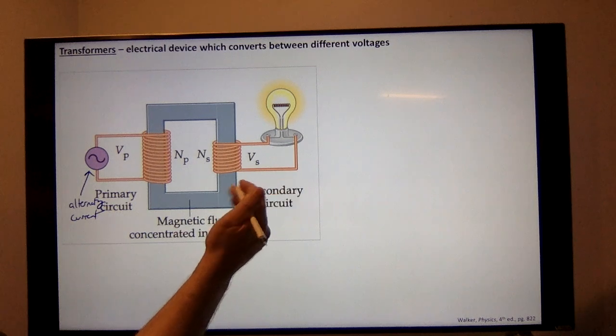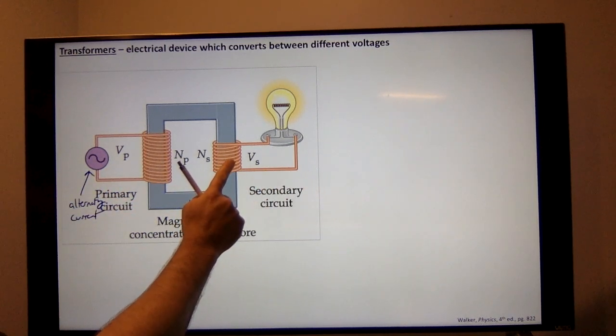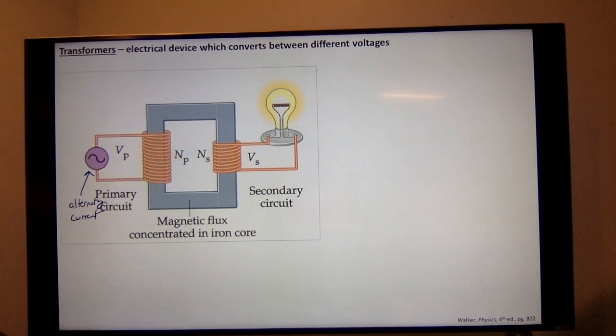And this works the other way as well. I could put my alternating current into this one and make whatever voltage I have here be higher over here because there are more loops. If you're wondering where something like this is used, just look at your cell phone charger. It has that little brick that's connected to it. It has a transformer in it. It's because the voltage that's coming out of the wall is too much for your cell phone or smartphone, so it has to be stepped down in voltage.